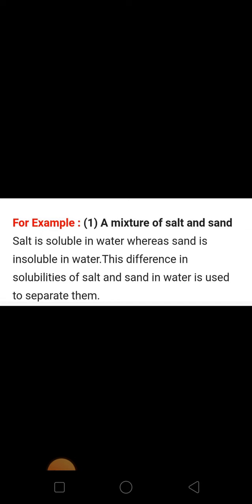For example, if you take a mixture of salt and sand and dissolve it in water, salt is soluble in water, as we all know, but sand is insoluble in water. After some time the sand will settle down at the bottom.